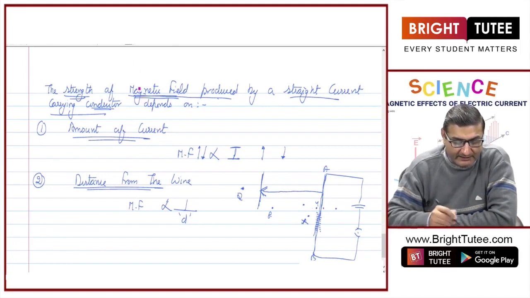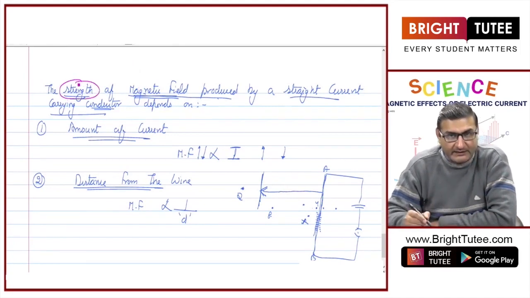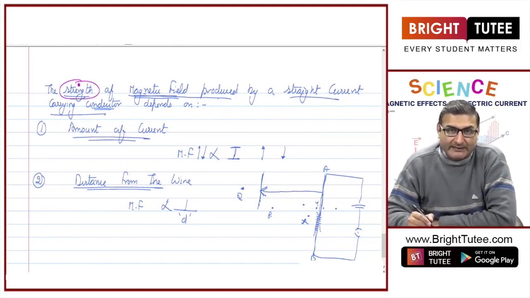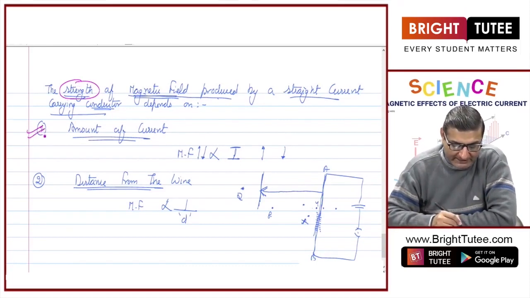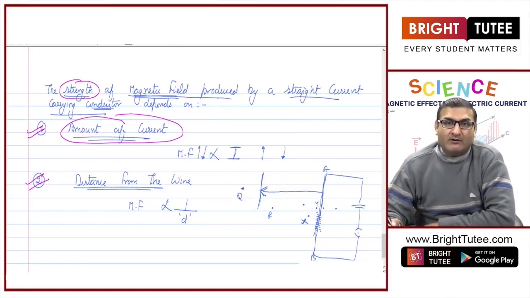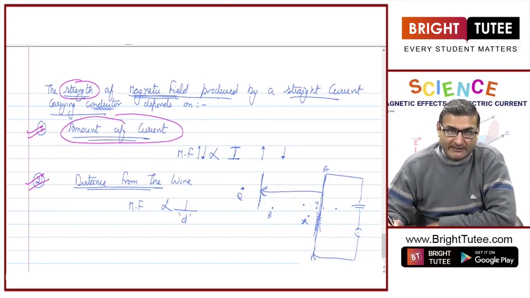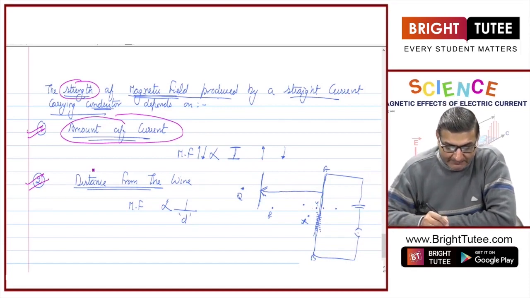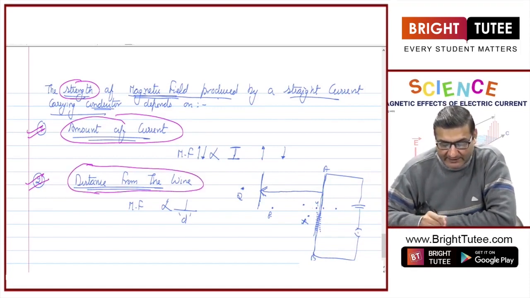This magnetic field, how strong it will be, its strength depends on these two factors. One factor is the amount of current. The more current you pass, the stronger will be the magnetic field, right? And the second part is the distance from the wire.